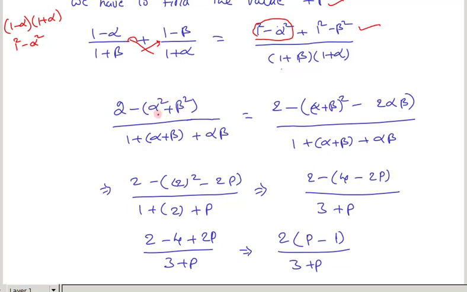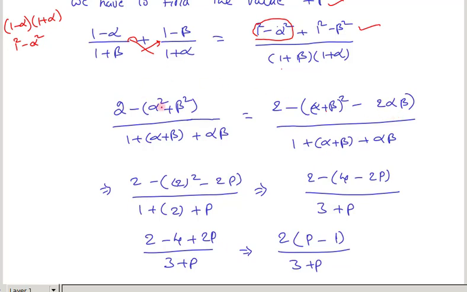A square plus b square can be written in terms of a plus b as (a plus b) whole square minus 2ab, so that this numerator can be written as 2 minus ((alpha plus beta) whole square minus 2 alpha beta) by 1 plus (alpha plus beta) plus alpha into beta, and we know the values of alpha plus beta and alpha into beta.